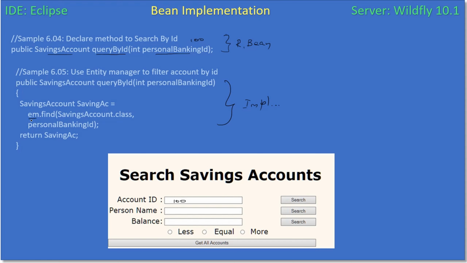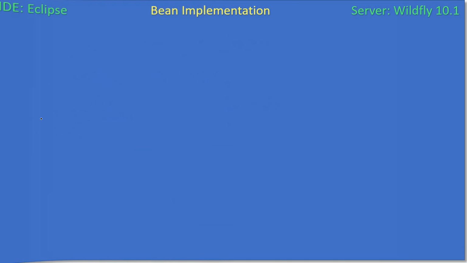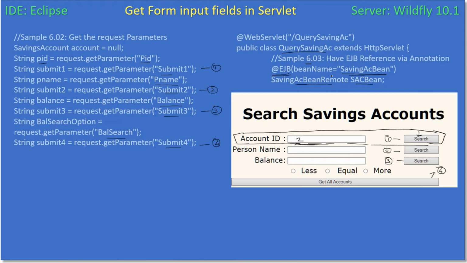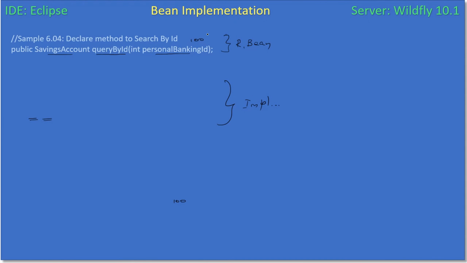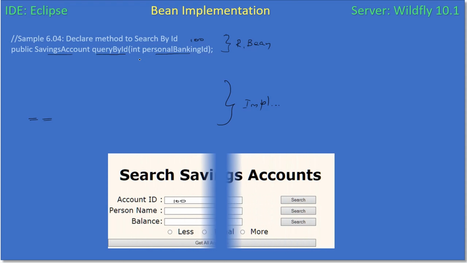Instead, we are using entity manager dot find. So this EM we saw in the previous code. When we go to the code, at that time we will see this is in the bean. EM is marked even in the advanced stage. It will not be in the servlet, it will be in the bean.